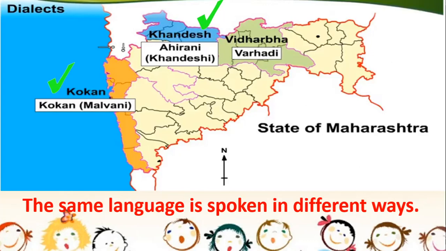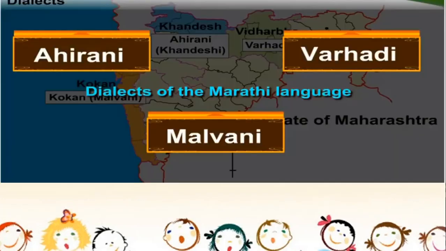People in the Vidarbha region of Maharashtra speak Varhadi, which is also a dialect of Marathi. So the same language is spoken in different ways, and these are called dialects of the same language. So Ahirani, Varhadi, Malwani, Konkani, all these are different dialects of Marathi.